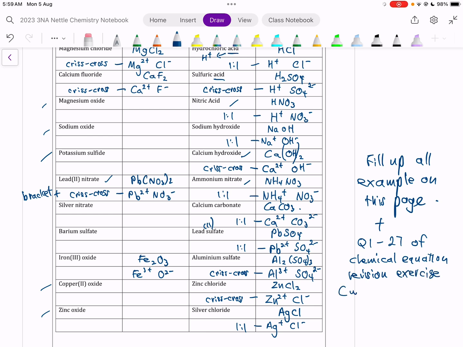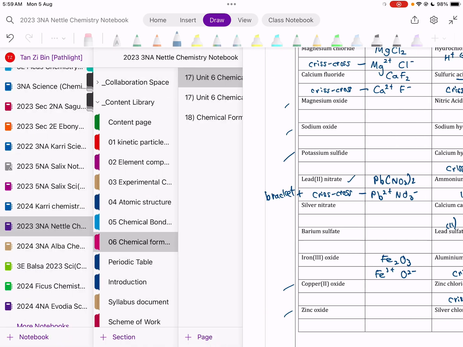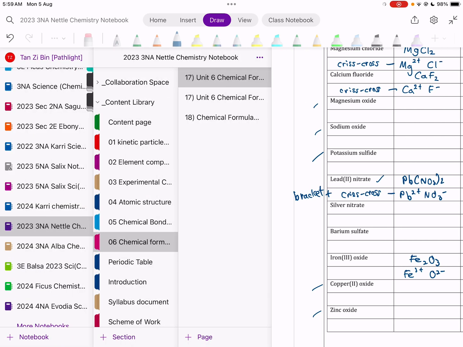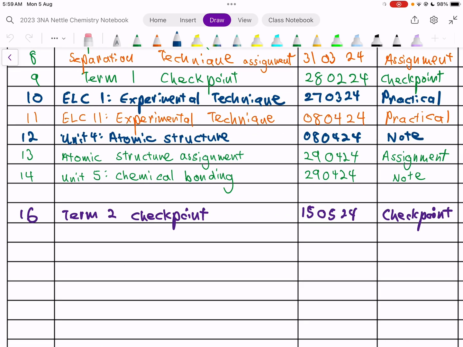That is your worksheet 18. Then one last thing, you can update the content page. Item 17 should be Unit 6, chemical formula and equation.